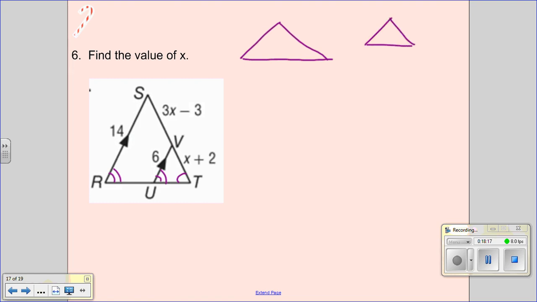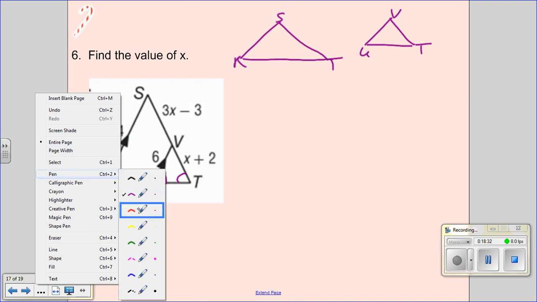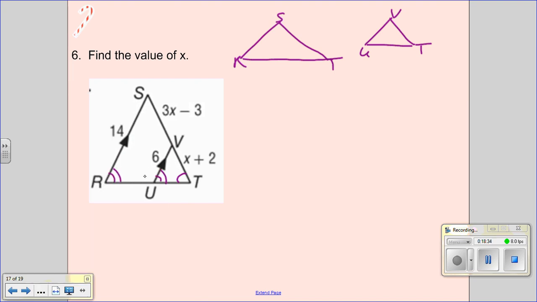So the big triangle is RST. The little triangle is UVT. Now we label the information as they have on our picture. The small triangle is easiest first. So UV is 6, VT is x plus 2.